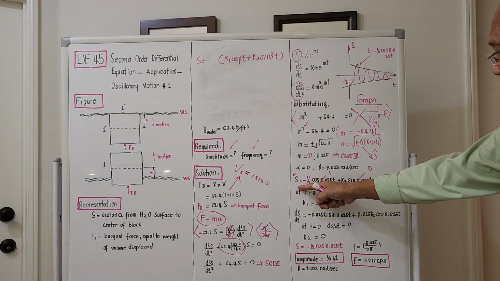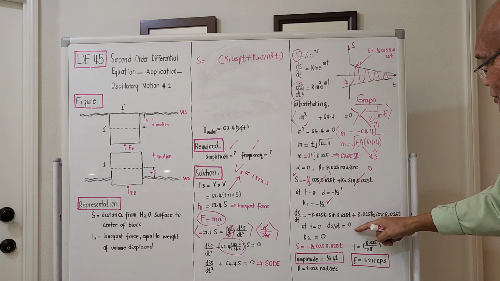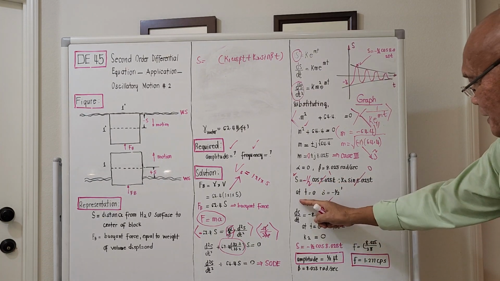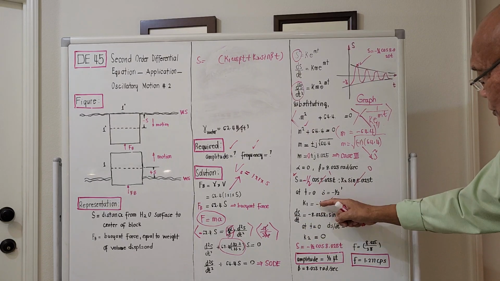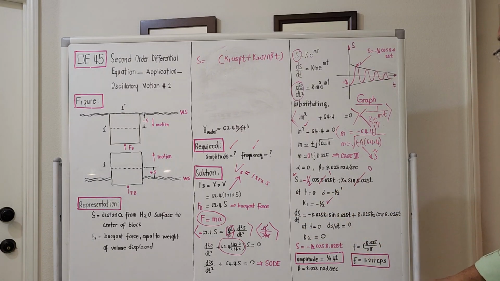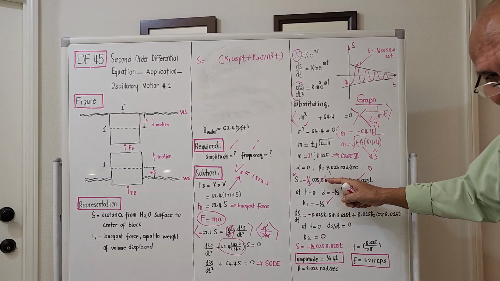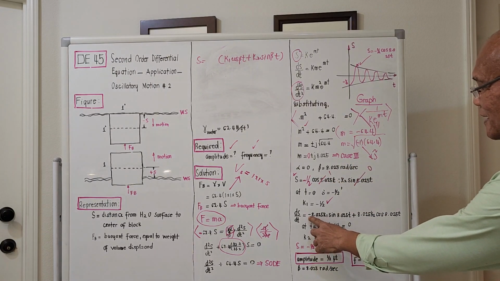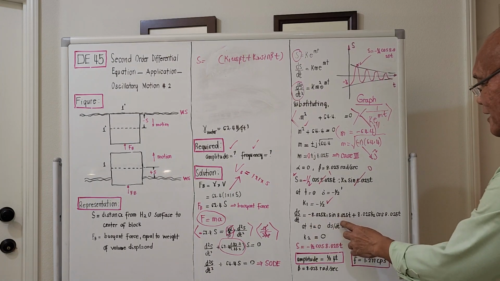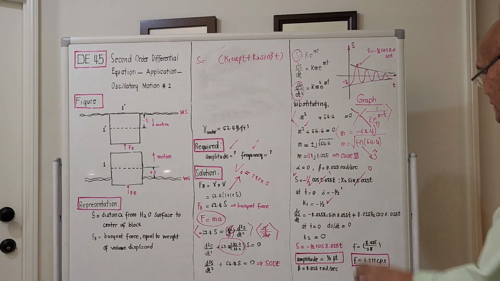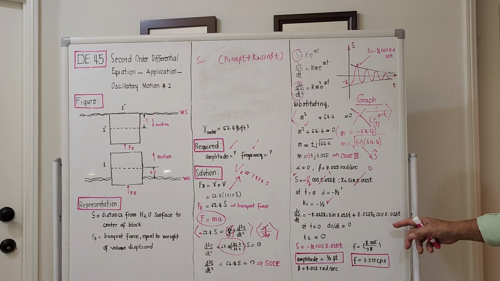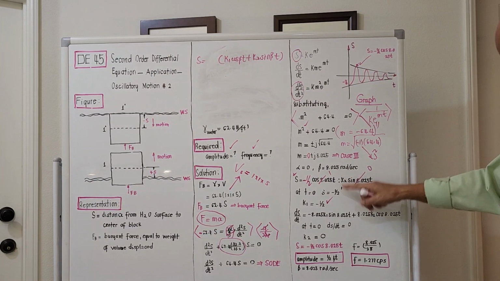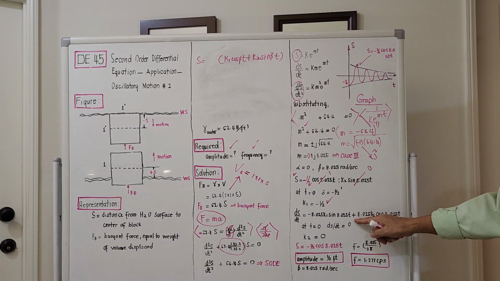So we need to differentiate this one again to apply this condition. ds over dt will be negative 8.025 K1, then the derivative of cosine will be negative sine, sine of 8.025t. The second one will be 8.025 K2, and the derivative of sine is plus cosine, so this is still plus.